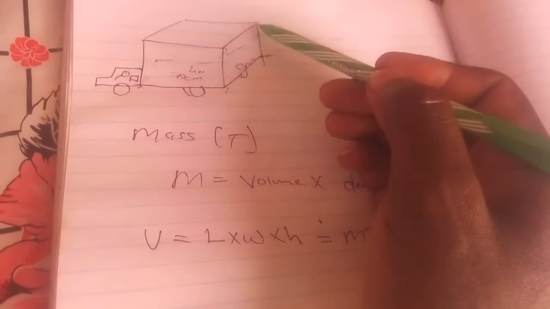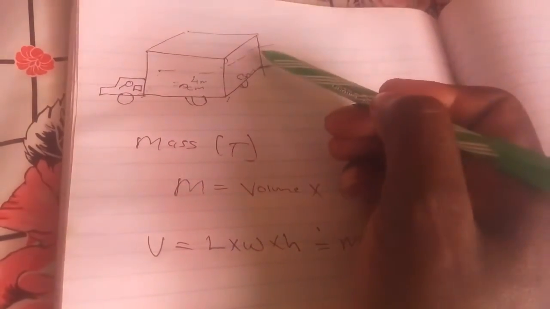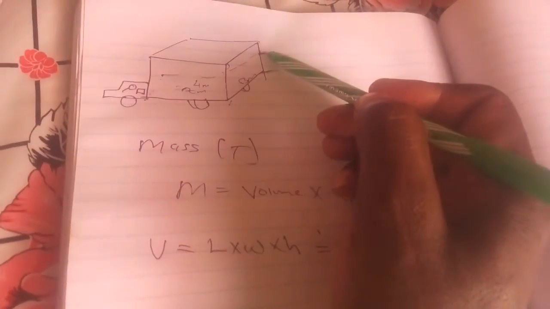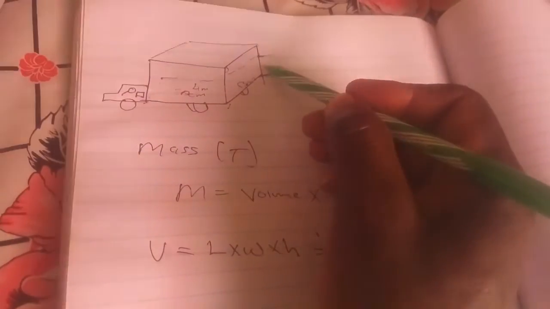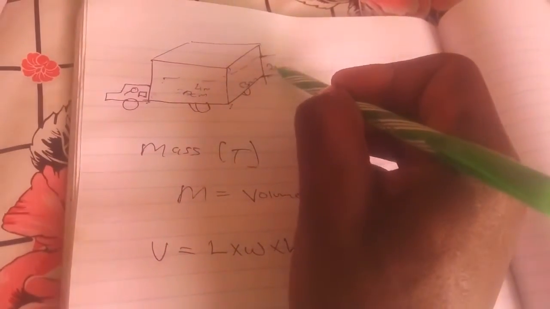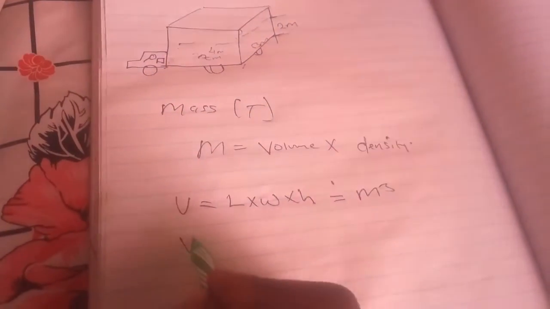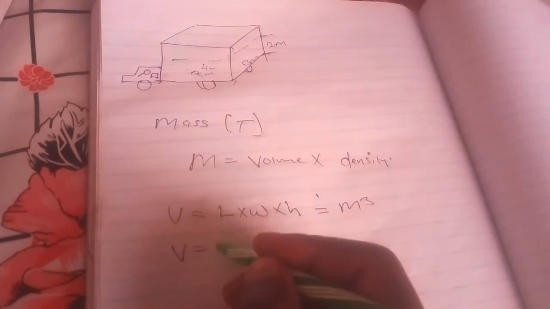Don't measure the height of the lorry from the bottom up to the top, measure to the level of the sand. So let's say you measure from here to here, and you find it is 2 meters.